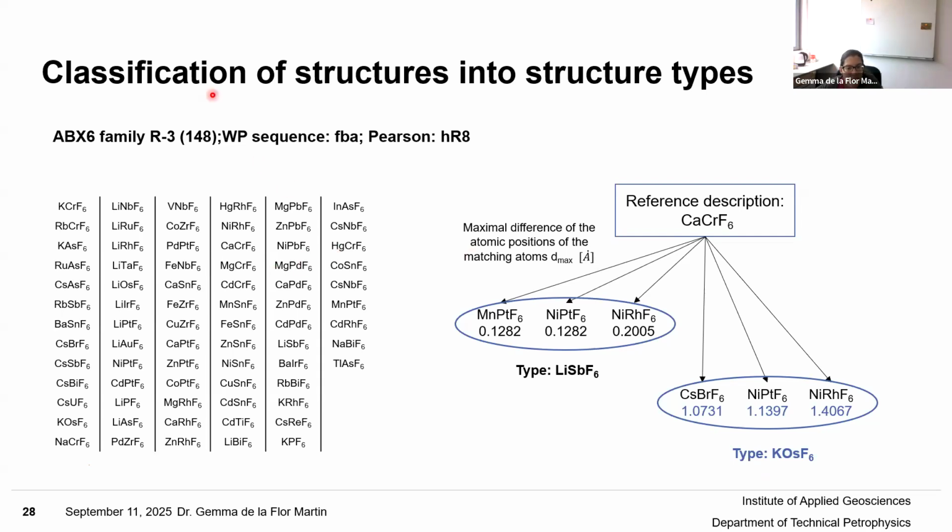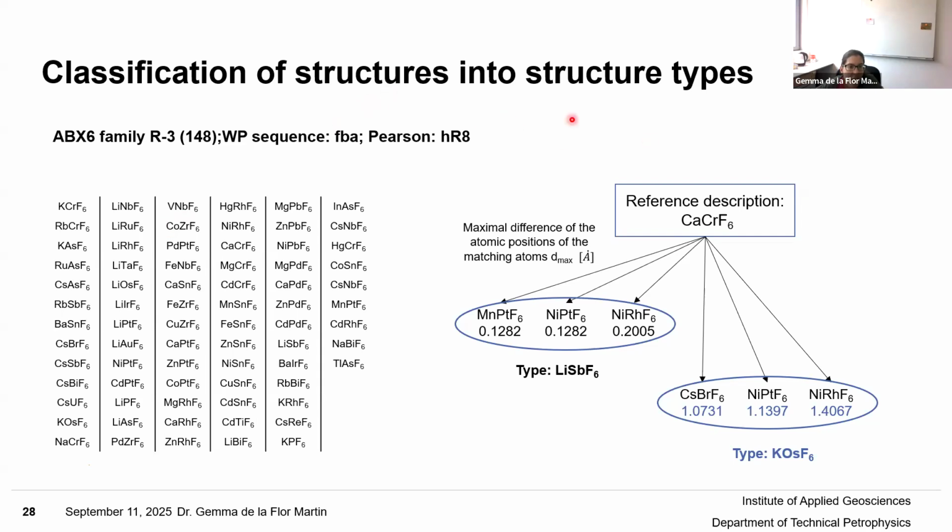Here we have an example. Here I'm showing a study that we did on this family. Here are shown some of the structures that belong to this family. And the question here was, can we distribute these structures into isoconfigurational structure types, and how many isoconfigurational structure types are there? We have done this study using the program COMPSTRU.